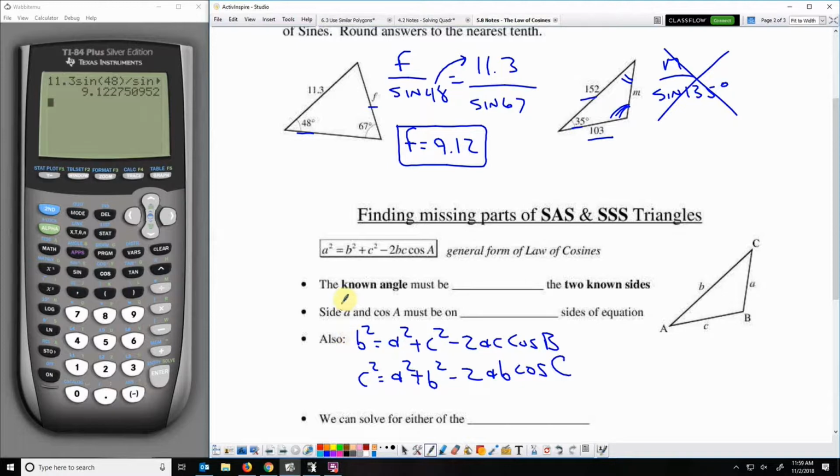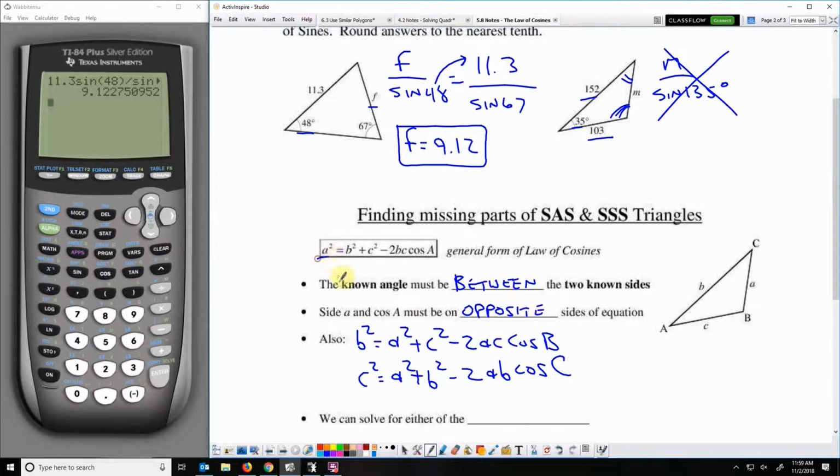So the known angle, if you know an angle, like side angle side, must be between the two known sides, or it must be the included angle. So side A and cosine A must be on opposite sides.